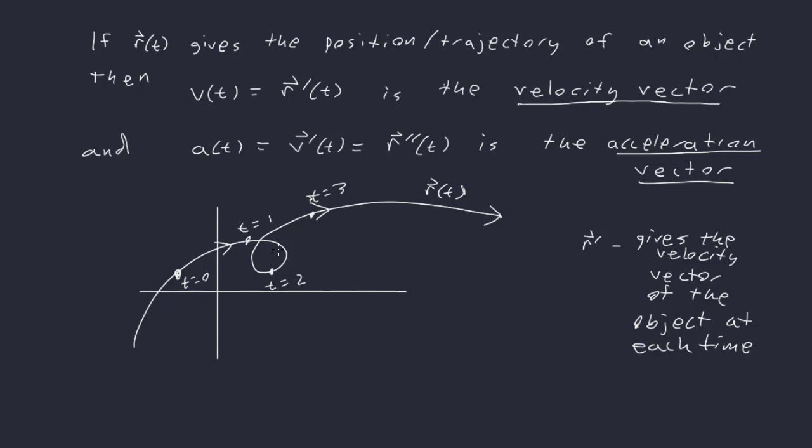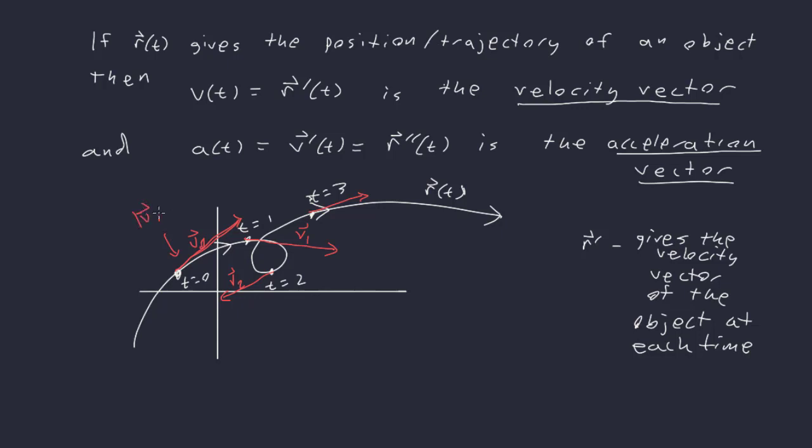However, if we look at the velocity vector at the point itself, one, it's going to be tangent to the curve, but even more importantly, the magnitude of this vector, so let's call this v sub 0, v sub 1, v sub 2, it turns out that the magnitude is the speed.